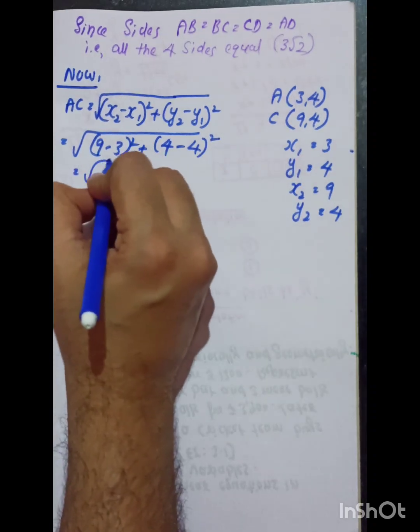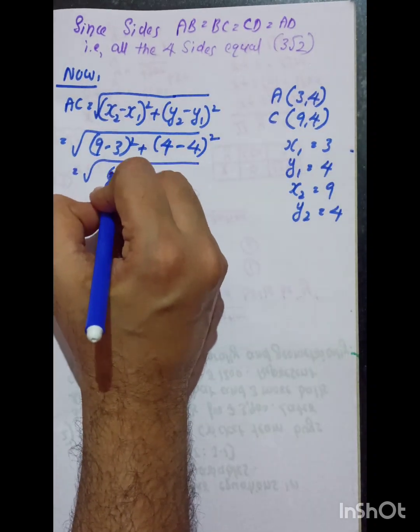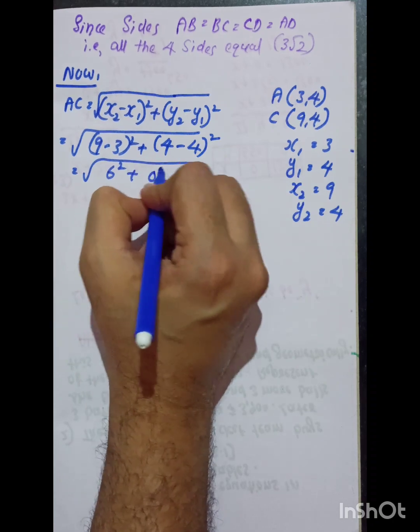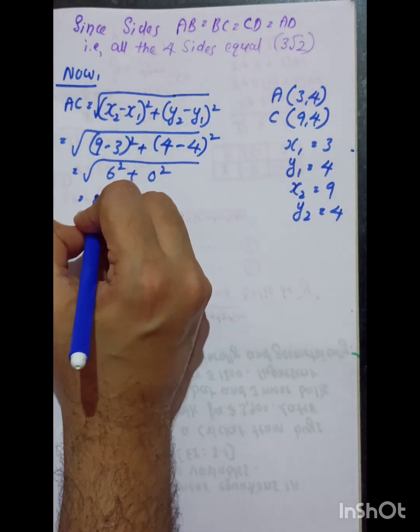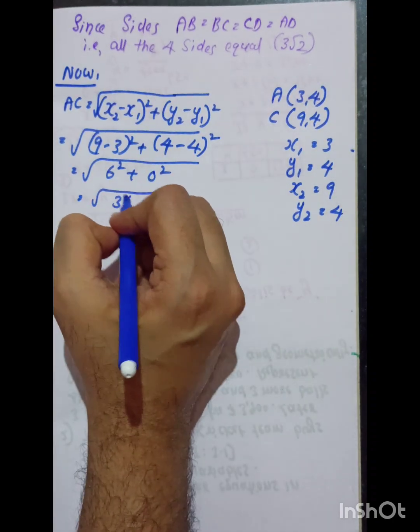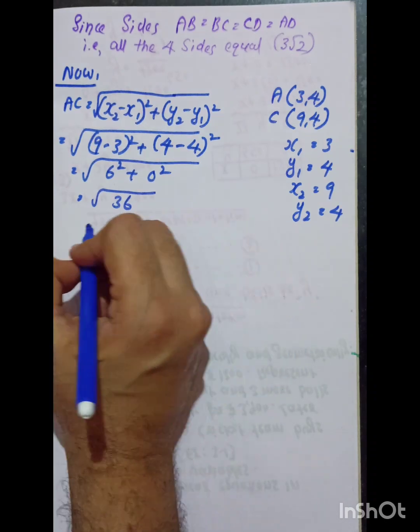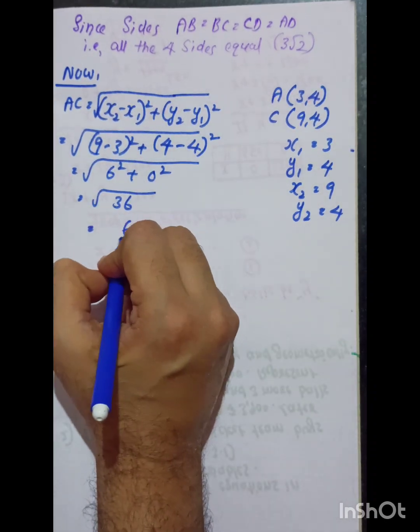Now 9 minus 3 is 6 square, 4 minus 4 is 0 square, which is nothing but 0. 6 square means 36, and if we remove 36 out of the square root, we get 6.